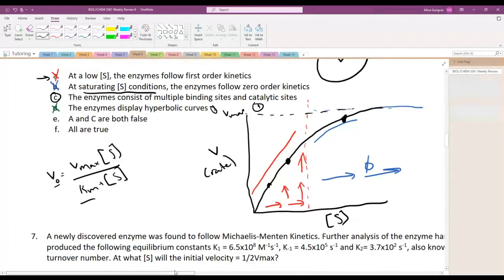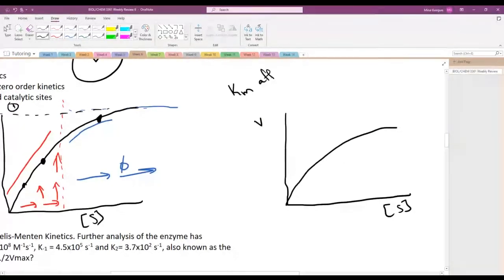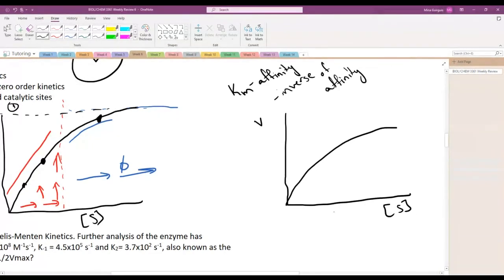Km is affinity. More appropriately, Km is the inverse of affinity. Okay, and here's why. The numerical value for Km that we get, or the definition, if you want to think of it as the definition, is if Vmax is right here, we go to 1/2 Vmax, which is somewhere around right here.